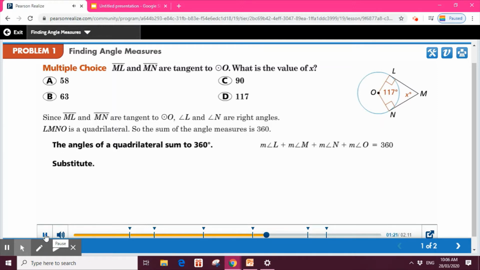Substitute the known angle measures. Now simplify.